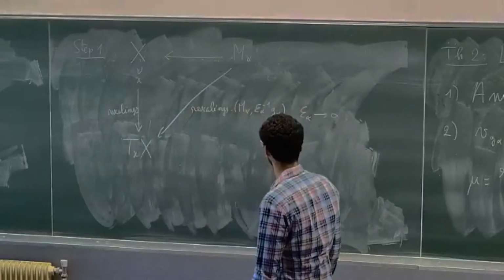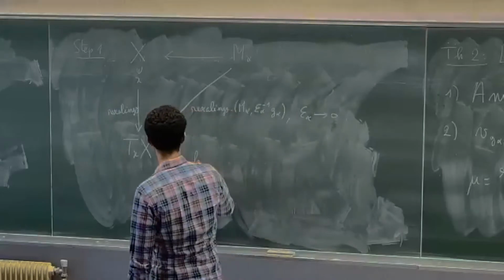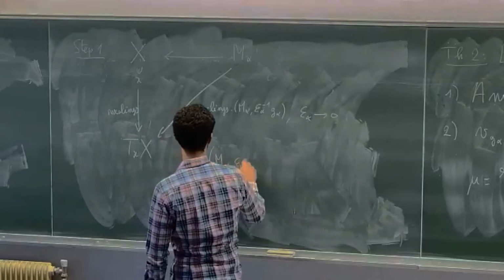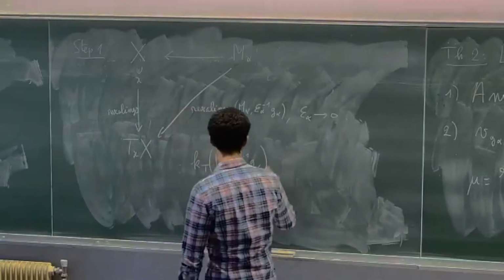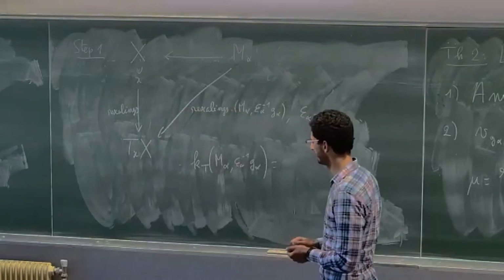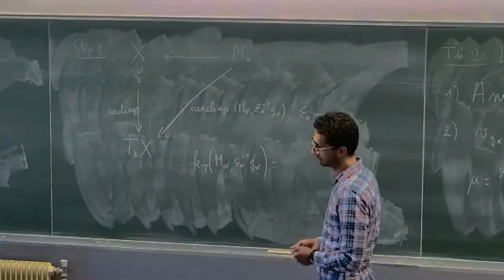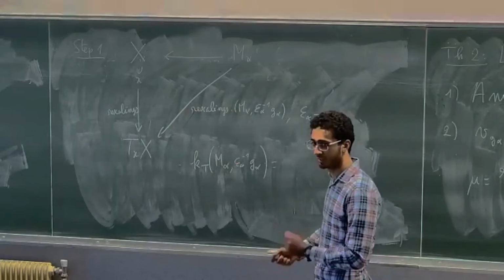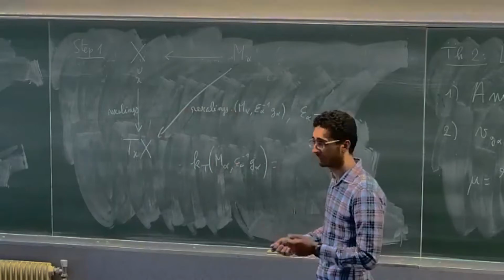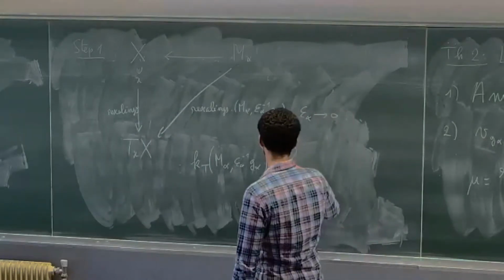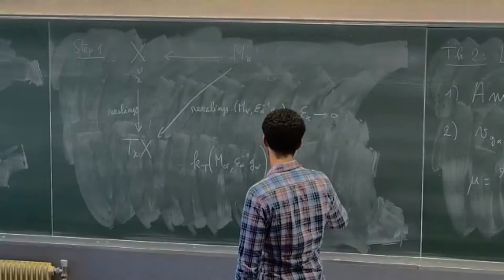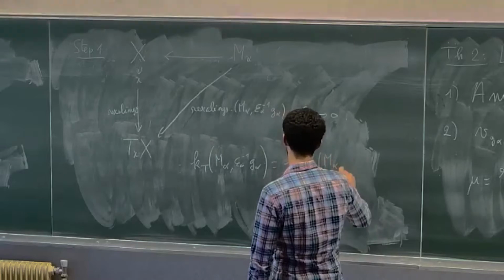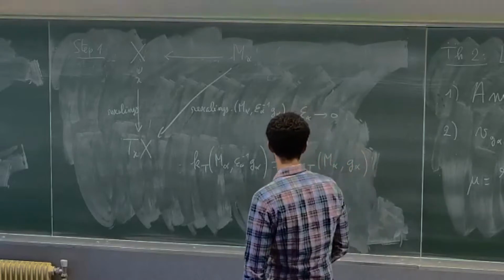Now K_t of (M_alpha, epsilon_alpha^{-1} g_alpha), by rescaling properties of the heat semigroup, you write the heat semigroup with the heat kernel, you have good rescaling properties of the heat kernel, and so you can show that this writes as follows: K_{epsilon_alpha^2 t}(M_alpha, g_alpha).